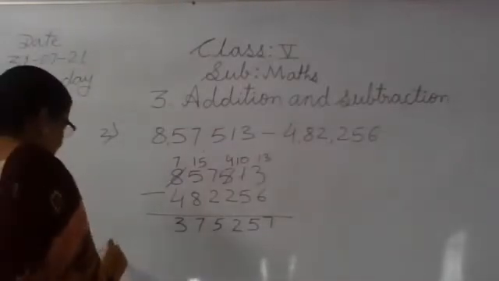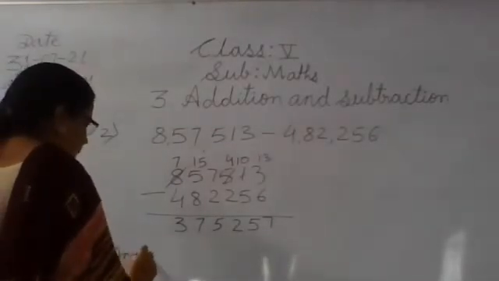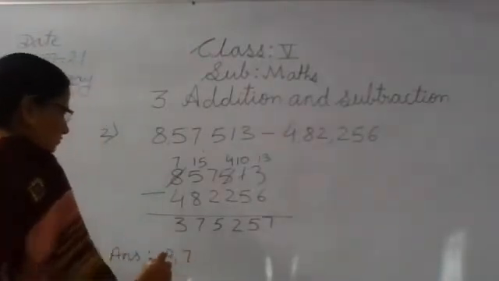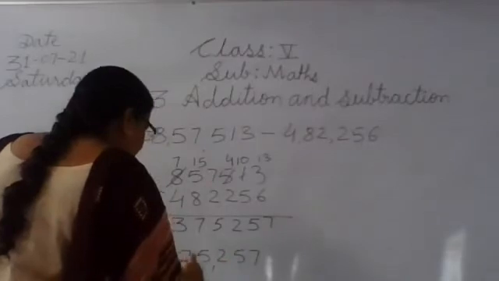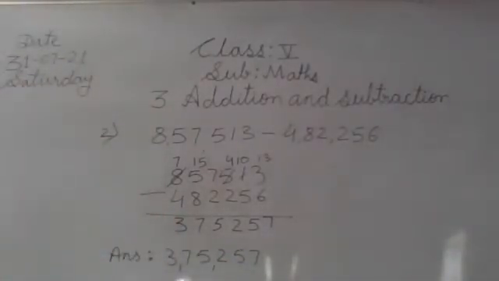So our answer is 3,75,257. Got it, beta? Okay, now let's see some word problems on subtraction.